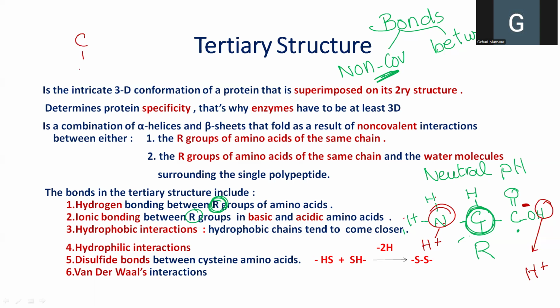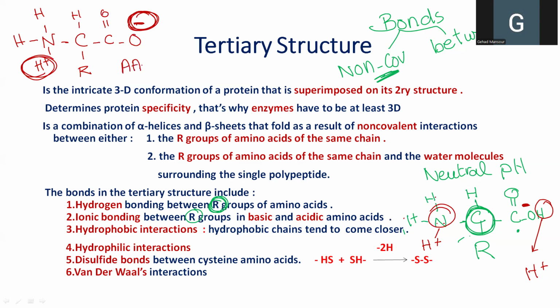Let's look here. So we have the central carbon with R, and then we have H, and then we have C double bond O, O negative, and then we have NH3 plus. So one side of the amino acid in a neutral pH carries a negative charge, and the other side carries a positive charge. So in a neutral pH, the amino acid molecules will be polar molecules.